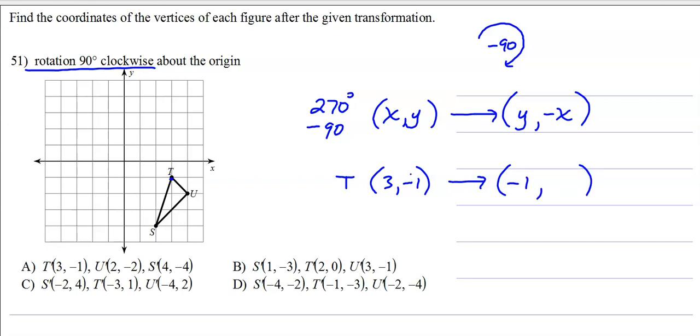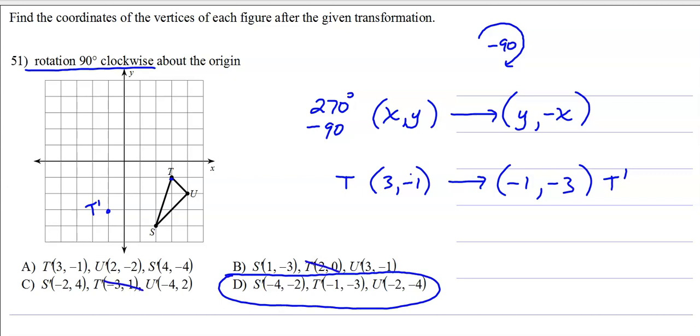And then my X value jumps to the back and changes sign. So the new T, T prime, is chilling at -1, -3. And let's just find the answer where the new T is at -1, -3. It looks like this one. Now you do want to check them all just to make sure there's not another T that did that. And there wasn't. It's looking like most of these answers, there's only one good answer.